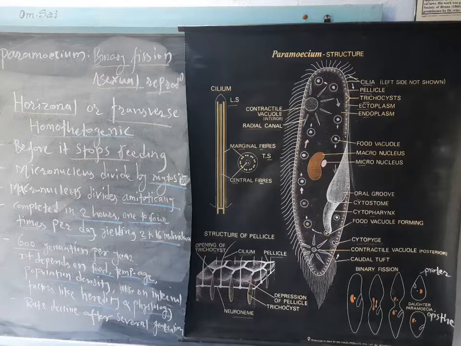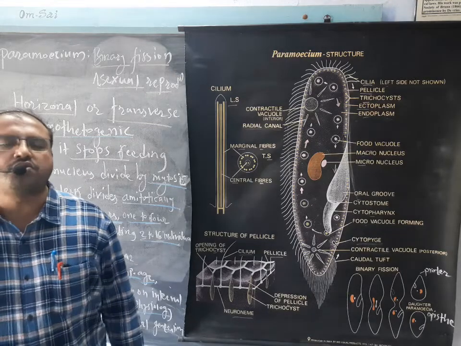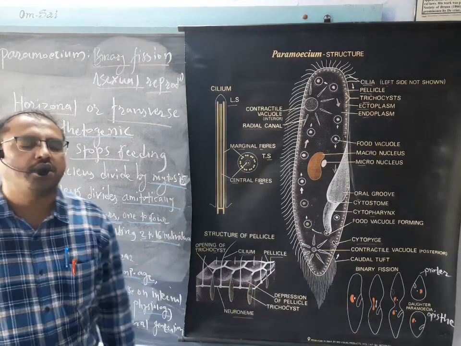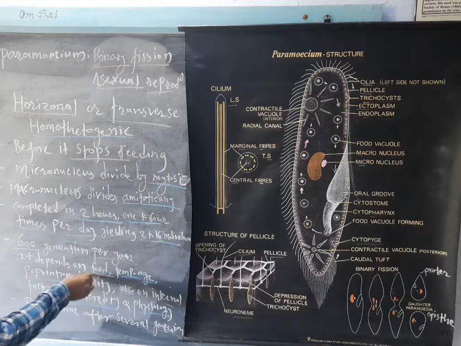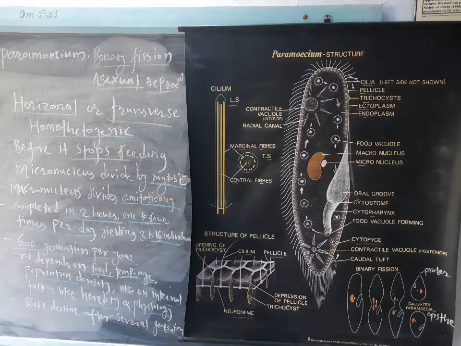Though it goes up to 600 generations, the whole process depends on the availability of food, temperature of the water, age of the Paramecium, and population density of the Paramecium where it generally lives, whether in a pond or a lake.